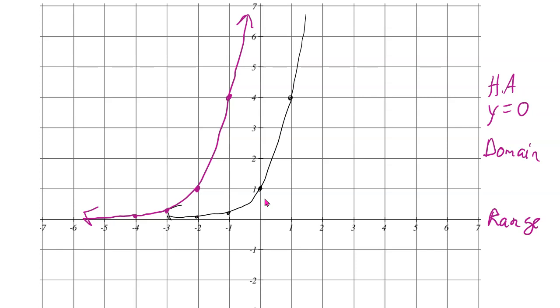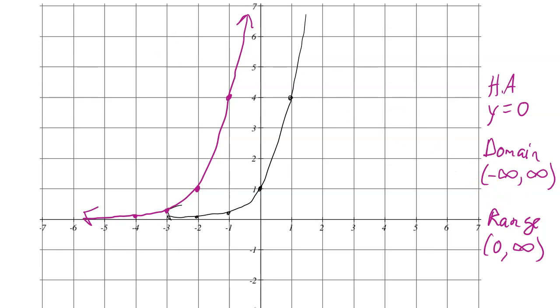The domain has been shifted left, but because the graph stretches in both directions forever, the domain actually does not change and remains negative infinity to infinity. The range has not been changed either because it didn't shift the graph up or down. That means that our range is going to go from open 0 to positive infinity, just as it did previously.